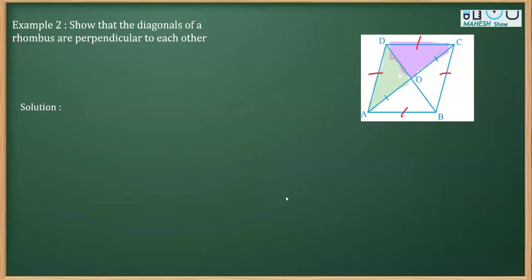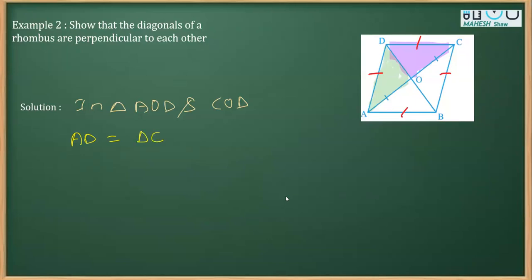So let's see, we'll be writing in triangle. The triangle here is AOD and the other triangle taken here is triangle DOC, or you may write COD. In these two triangles, first I'm writing here the side AD is equal to DC.